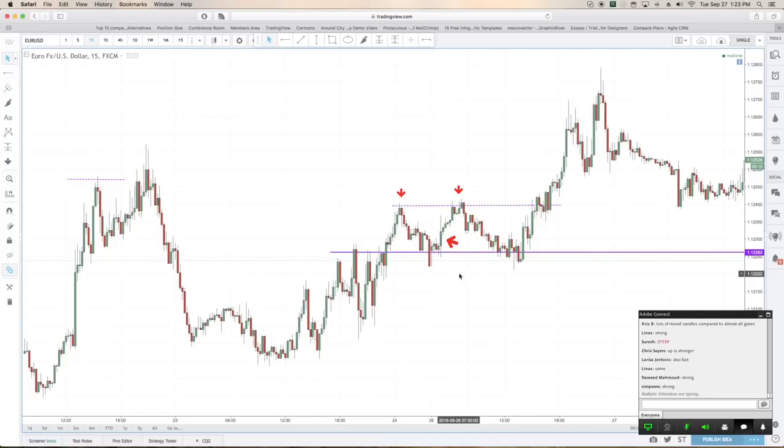But now answer this question: if it's also strong, why did it not break this resistance? That means someone up there is knocking it down. Not enough force. There are still sellers up there, still waiting to hit the market back down.